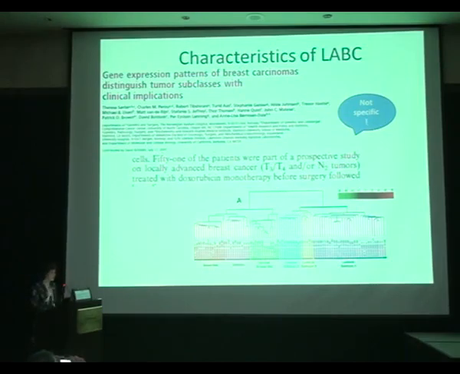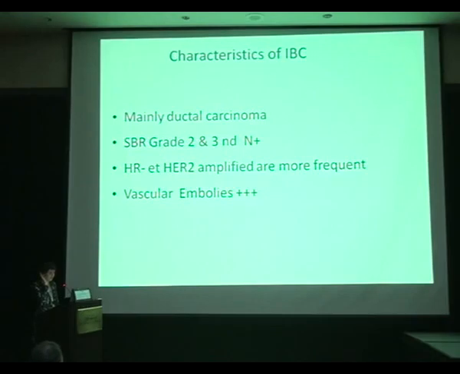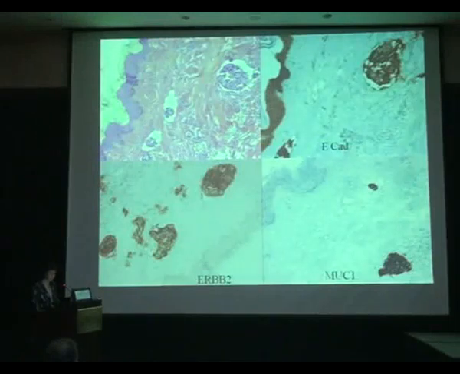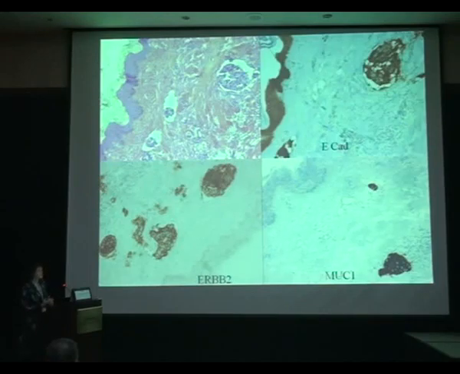If we go back to inflammatory breast cancer, it is mainly ductal, with high SBR grade. Node positivity, HER2 amplification and hormonal receptor negativity are more frequent, and of course a lot of vascular emboli. They have some characteristics by immunohistochemistry that have been described by Emmanuel Charafe-Jauffret's group in Marseille.